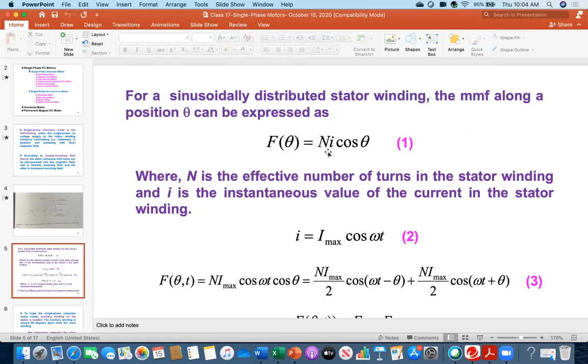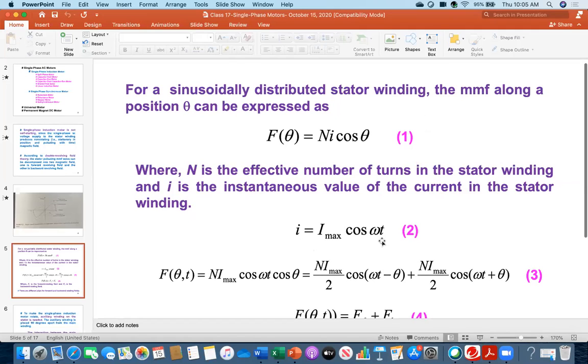Now you see the small i indicates the instantaneous value of current. Because we are discussing a single phase induction motor, this is AC. So i is the instantaneous current. How to represent the instantaneous current? You all know i = I max cosine of omega t. That i is the time function.